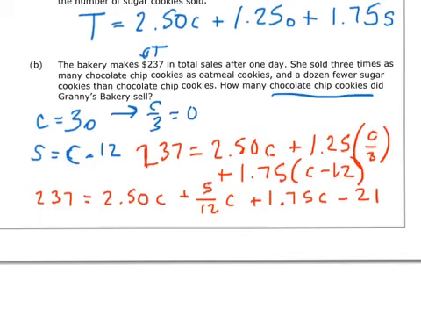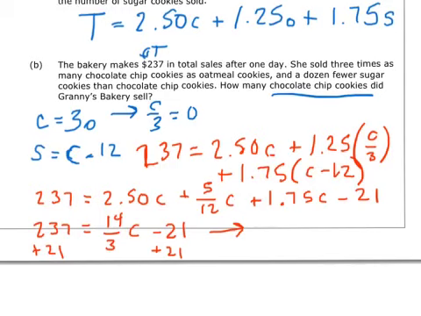Then we need to combine all of our C terms and then solve. So we've got 237 equals 250 plus 5/12 plus 1.75, and that gives us 14 over 3C minus 21.